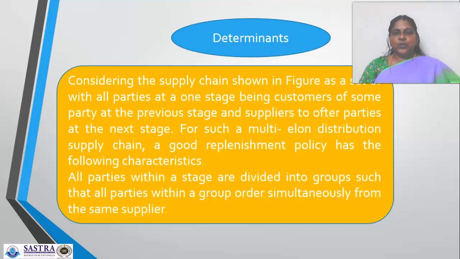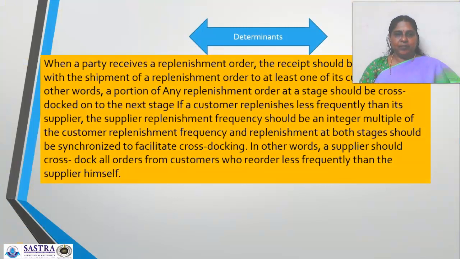All parties within a stage are divided into groups such that all parties within a group order simultaneously from the same supplier. And when a party receives a replenishment order, the receipt should be synchronized with the shipment of a replenishment order to at least one of its customers.